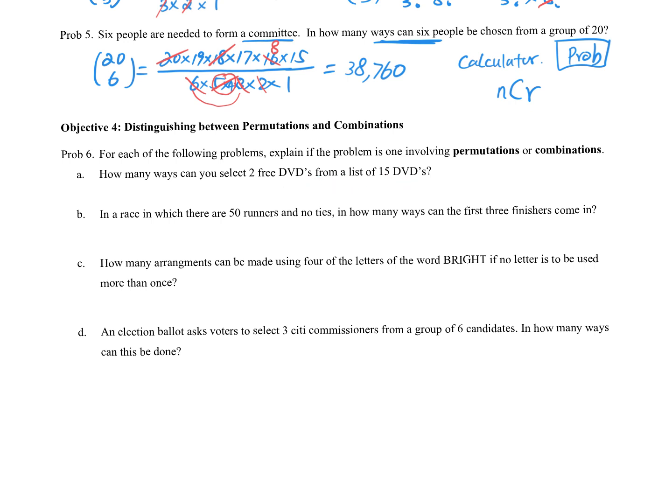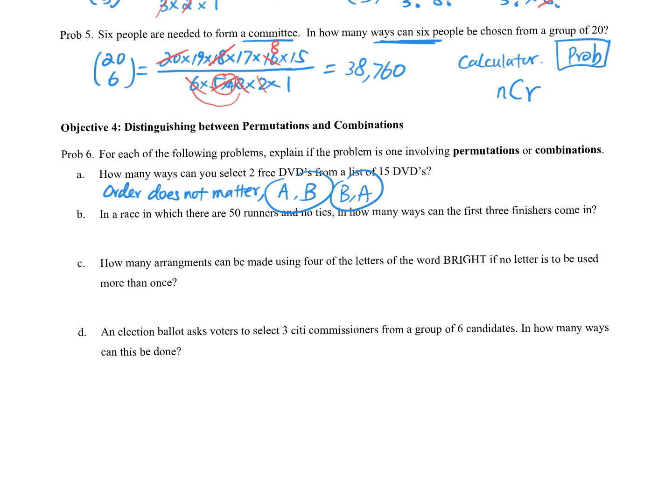So you just get 2 DVDs. Does the order matter to you? I don't think so, right? The order doesn't matter, so this is going to be a combination. For instance, movies A and B selected is the same as movies B and A selected.